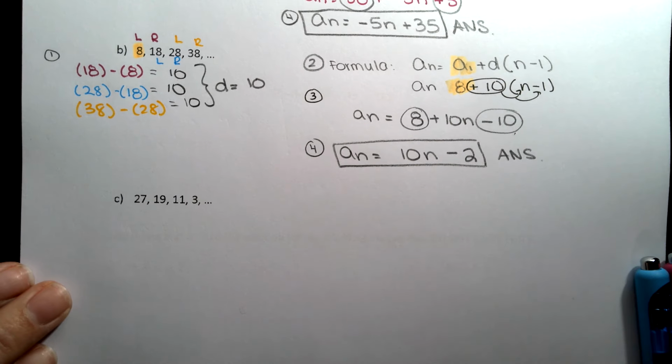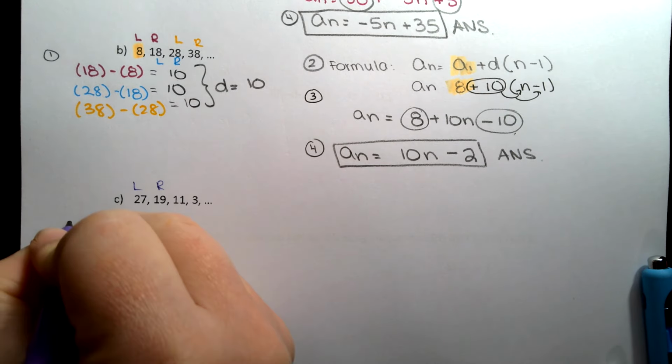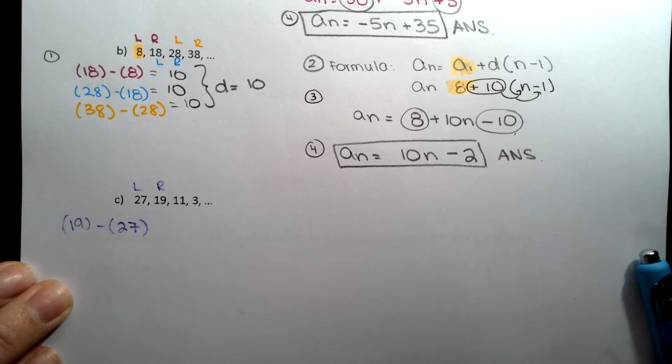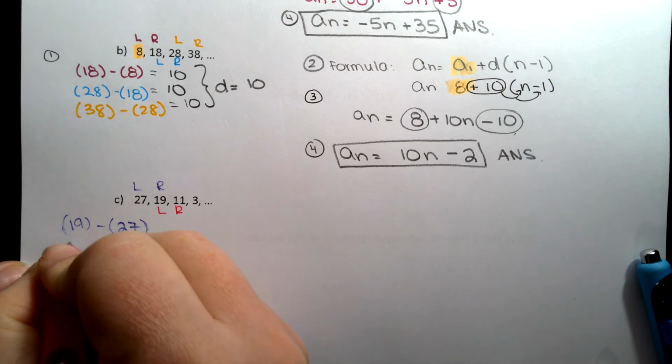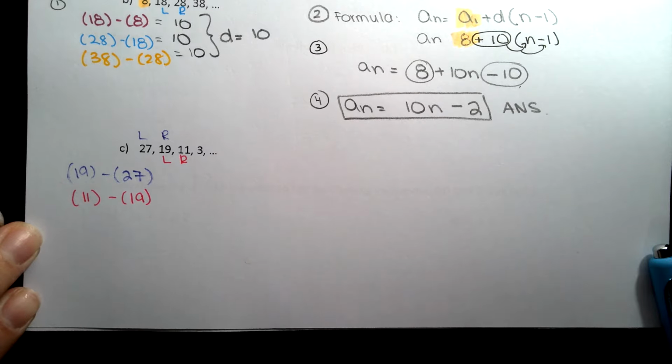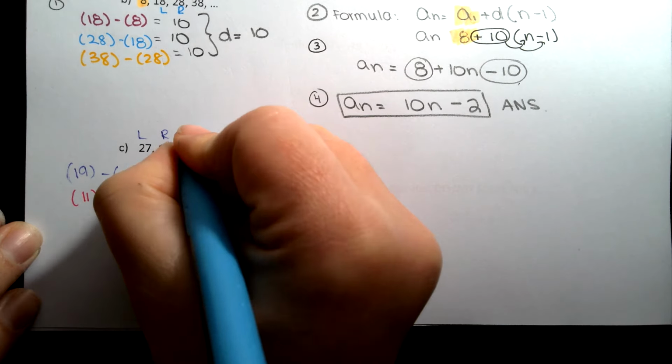For C, it's going to be pretty much the exact same thing here. We're going to take our right number, subtract it by our left. Take our right number, subtract it by our left. And our right number, subtract it by our left.